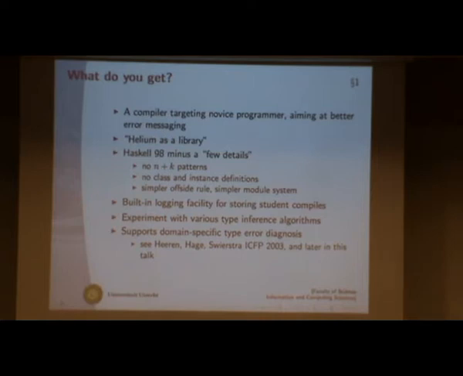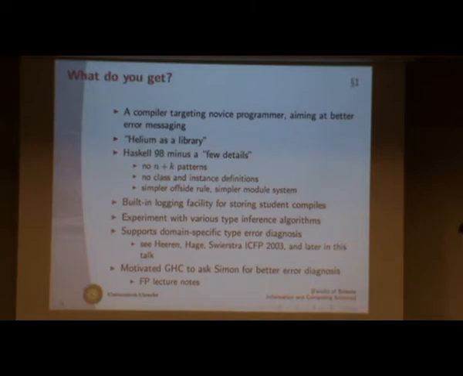And I think importantly, it supports the domain-specific type error diagnosis. We have a paper about that at ICFP 2003, it's still in there, it's still working. It also motivated GHC, I think, to aim for better error diagnosis. In fact, I'm also teaching FP, that's why I got here only yesterday. I was teaching FP last Thursday to a group of 250 students.